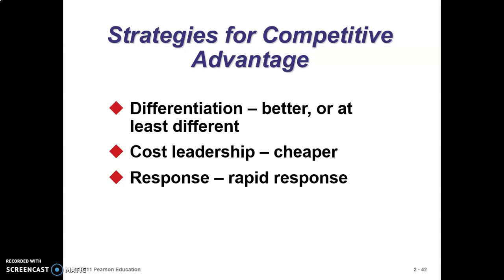With cost leadership, you are able to provide a cheaper product or cheaper service. A simple example: AirAsia, Mydin, Tesco, which are companies focusing on cost leadership. Then the last part is response. Response is by providing a very rapid response to the customer.